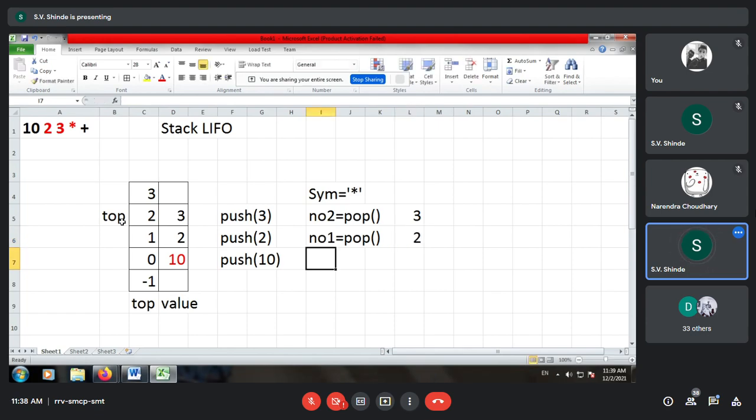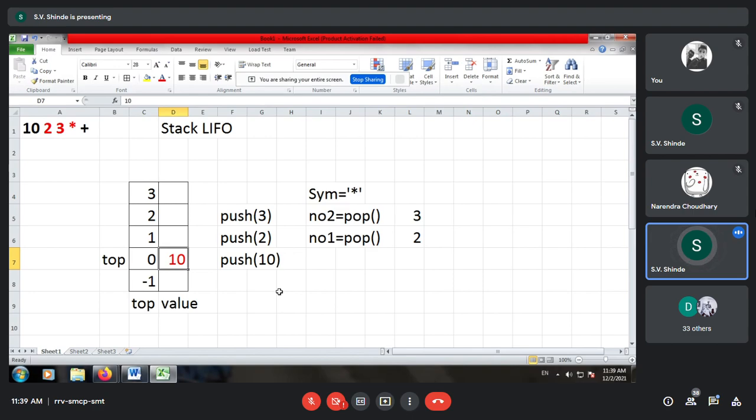And naturally the top value will be reduced over here. The contents of this stack will be empty, so there will be nothing on the stack at this position, only 10 will be remaining.